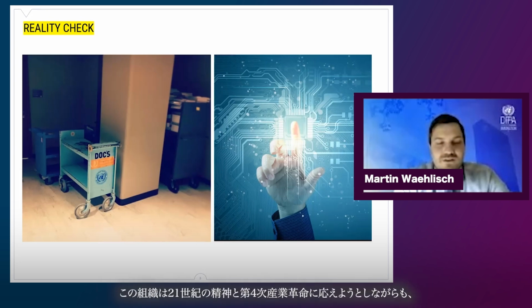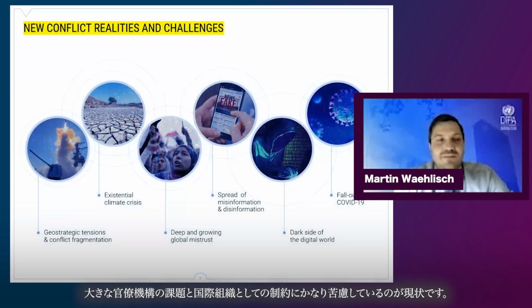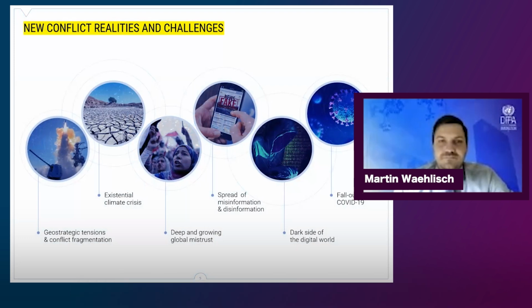So while this organization tries to live up to the spirit of the 21st century and the affordances of the fourth industrial revolution, we are still pretty much struggling with the challenges of a large bureaucracy and the limitations that we have as an international organization.